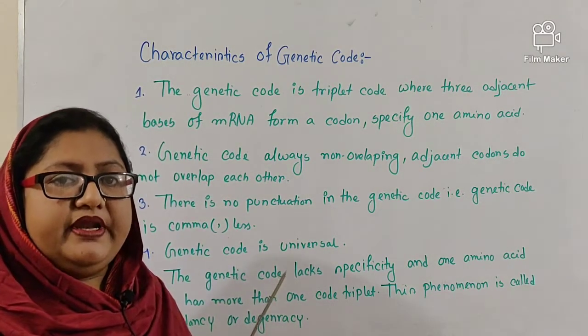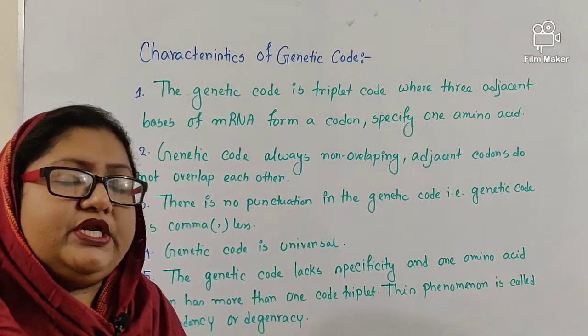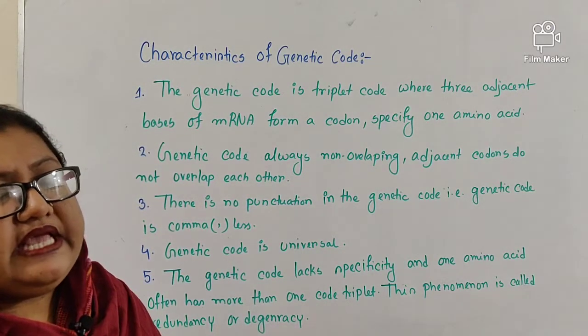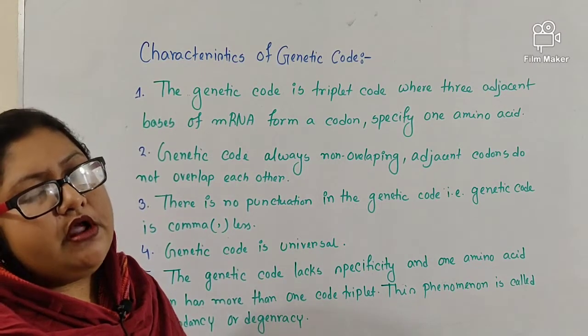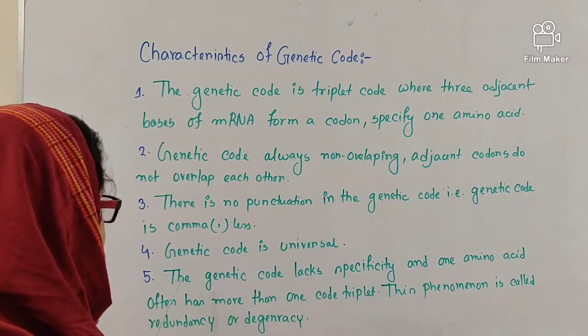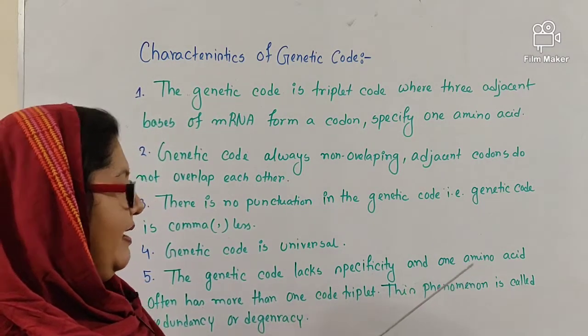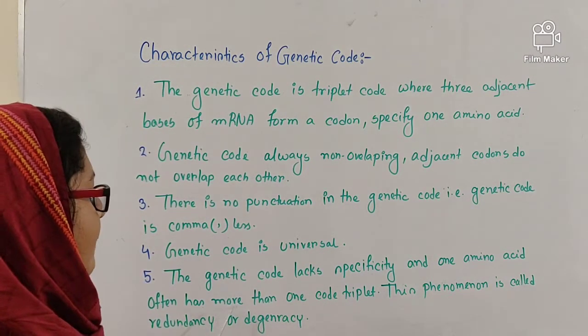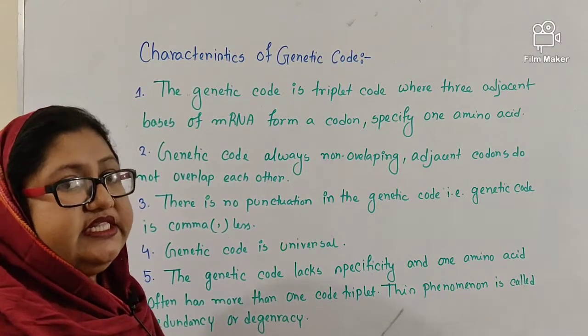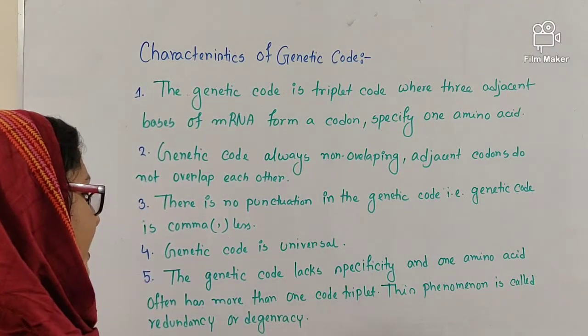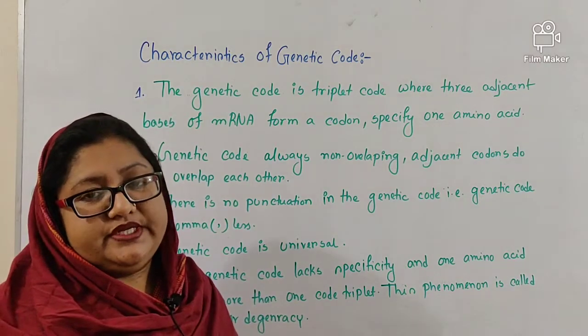It means that a particular codon indicates the same amino acid for a particular protein synthesis. The genetic code lacks specificity and one amino acid often has more than one code triplet. This phenomenon is known as redundancy or degeneracy.